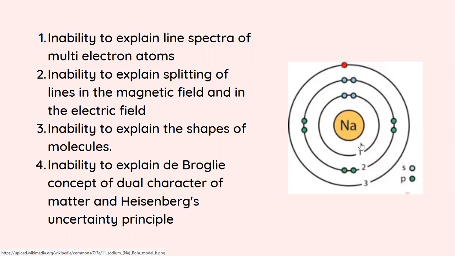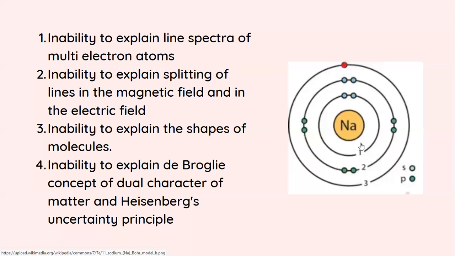But as the number of electrons increased, the line spectrum started getting more complicated, and this was not explained by Bohr's atomic theory.